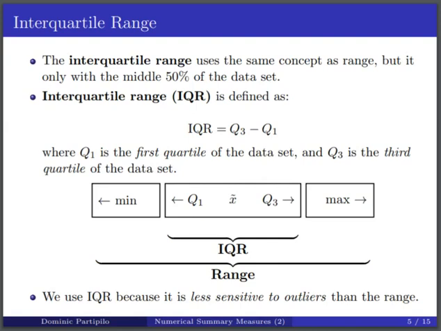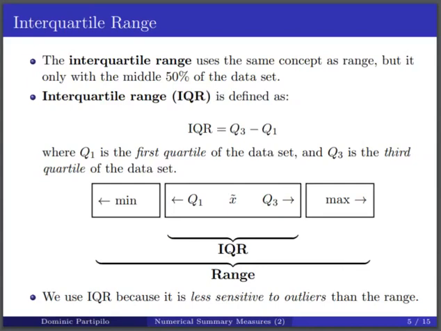Q1 and Q3 are right in between each of these. Q1 is what's right in between the min and the median, and Q3 is what's right in between the median and the max. In other words, you could say Q1 is the median of the lower half of the data set, and Q3 is the median of the upper half of the data set.